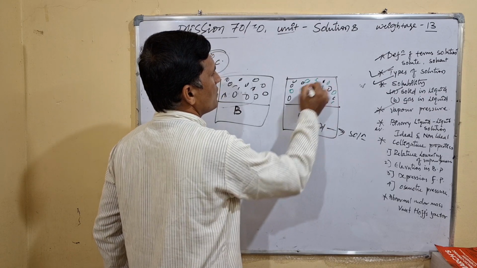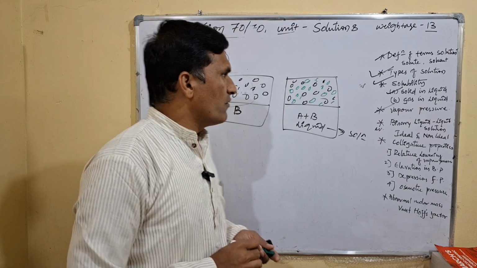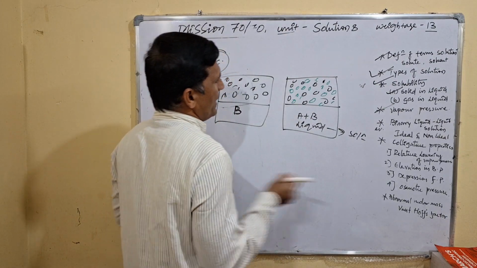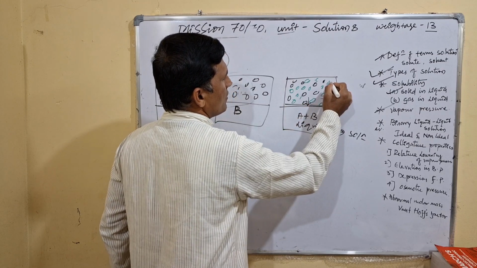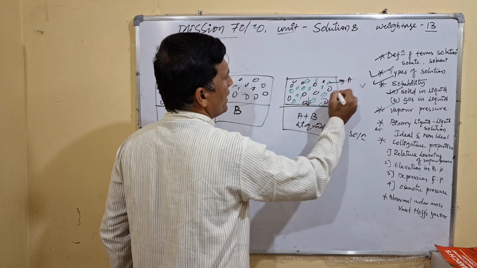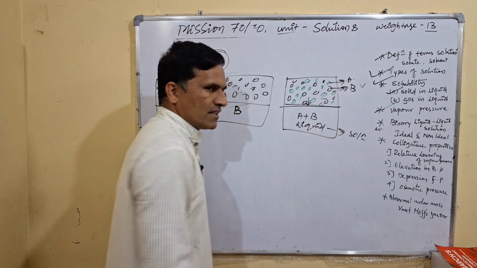When you mix, you will have the vapor form of both, and the vapor pressure exerted over the surface of the solution will be of the vapor form of liquid A as well as the vapor form of liquid B. Both are going to exert pressure.